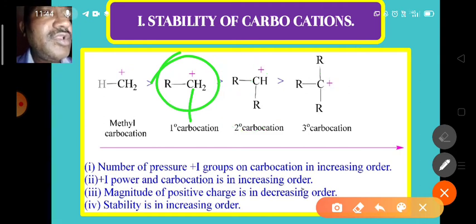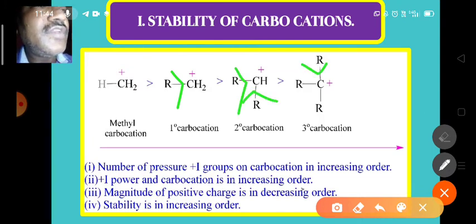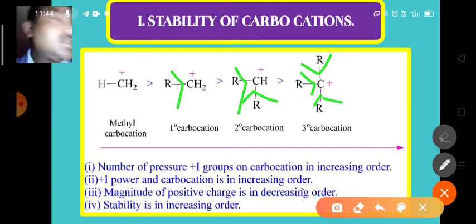Plus I groups push the electrons towards the carbon which is bearing the positive charge. So as a result, what happens? The positive charge of the carbon will be nullified. As the number of alkyl groups increases, the burden on the carbon of the carbocation decreases, and the stability increases.